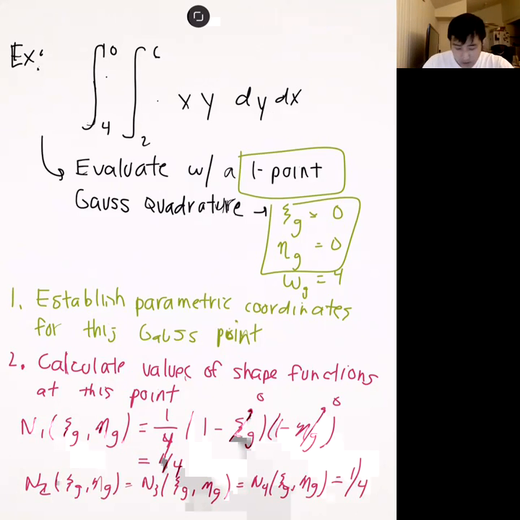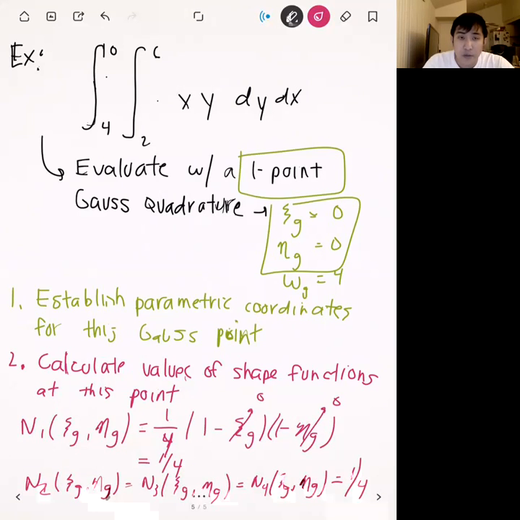That's the convenience of using a 1-point rule, because all these shape function values have the same value.